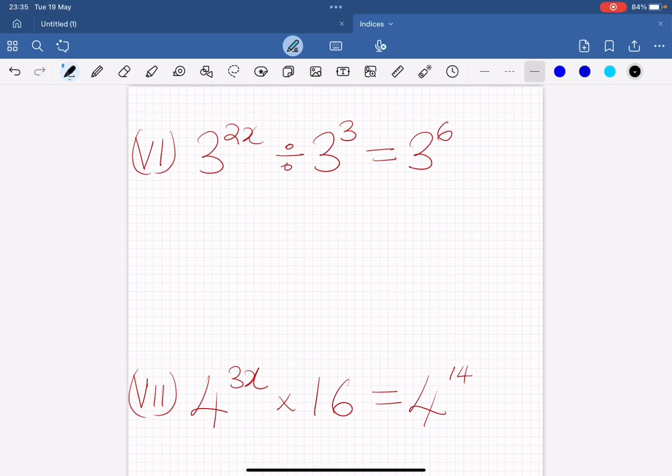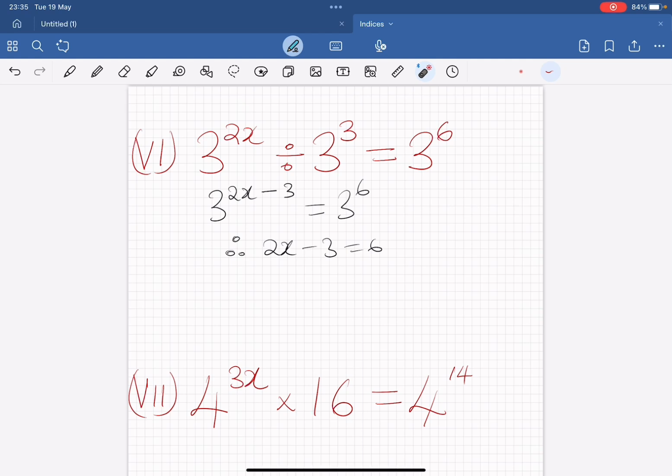And then the question says 3 to the power 2x divided by 3 to the power 3 is equal to 3 to the power 6. When it's like this, you have to remember that division means subtract the powers. And then once the bases are the same, you can simply work with the powers.